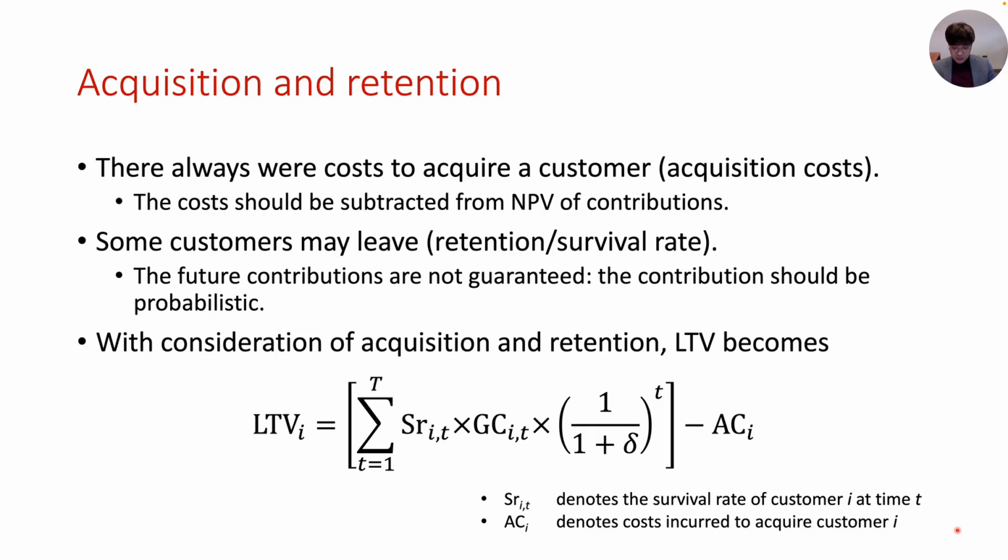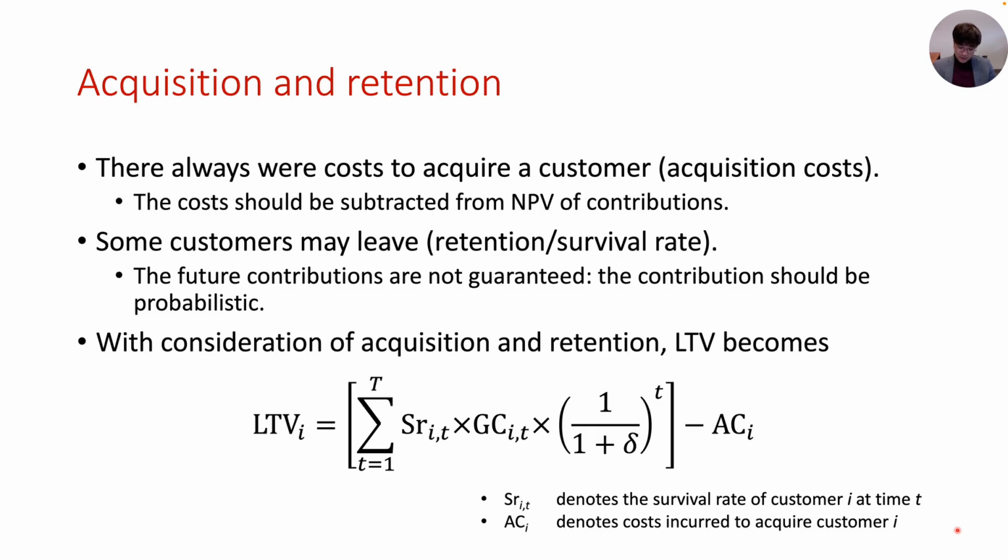So, the acquisition cost must be subtracted from NPV of contributions to get the exact lifetime value. For example, even though there is a $1 million valued customer, she is not profitable when you spend more than $1 million to acquire her as your customer.